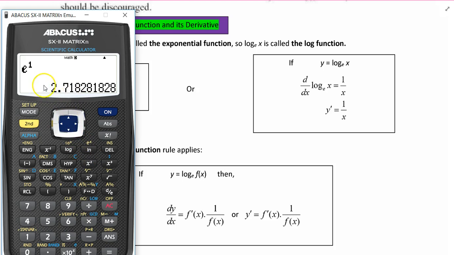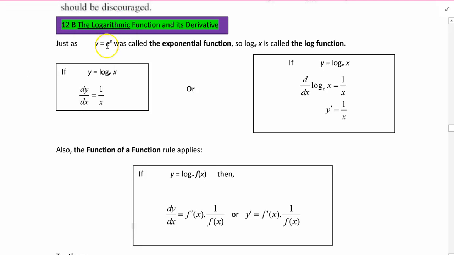It is a number between 2 and 3. Like I said before, really, really significant. Not so much to do with logs, more so to do with the exponential, and you'll learn more about why it is so significant when we do that.